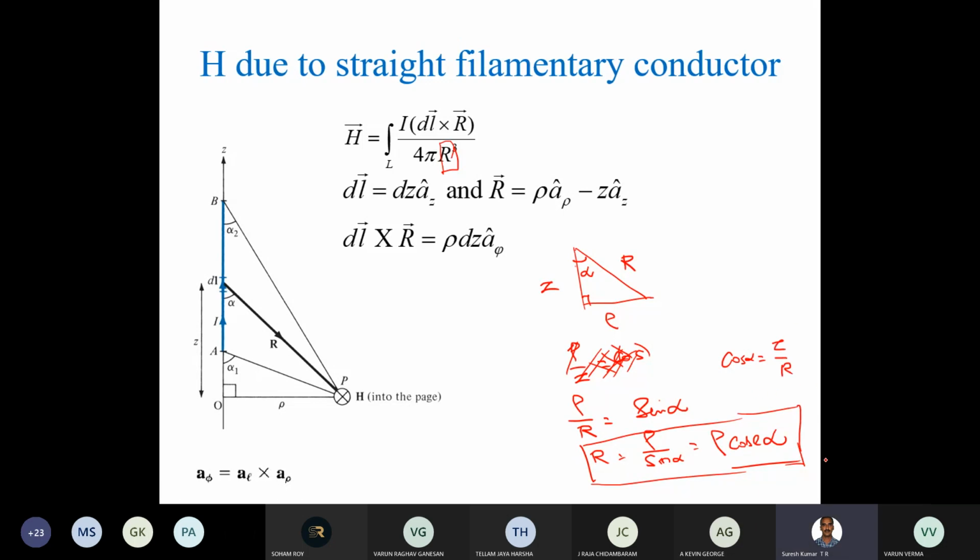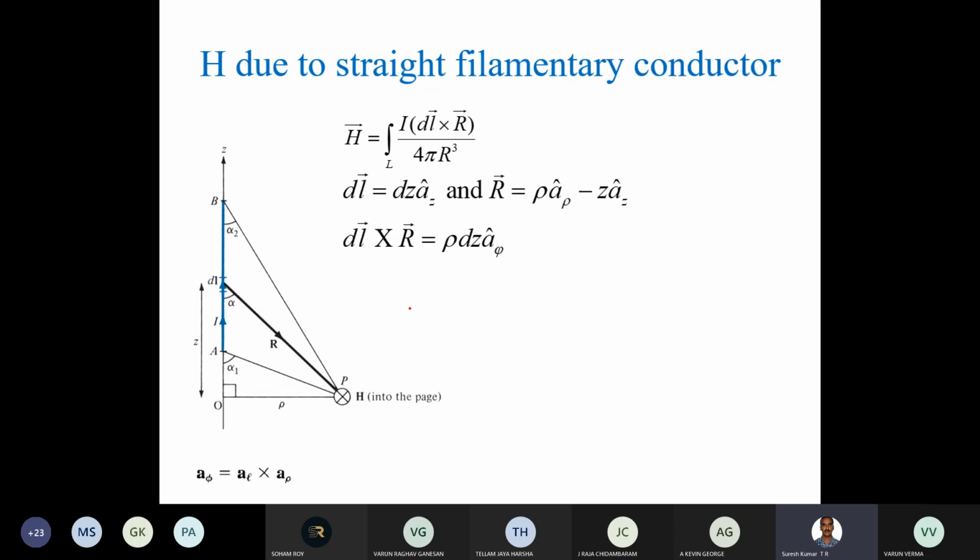We want to avoid z. There are three possible equations you can take: sine, cos, tan. You can't use tan because we want to write the denominator r. So either sine or cosine, and we prefer to write the sine equation. Is it clear?